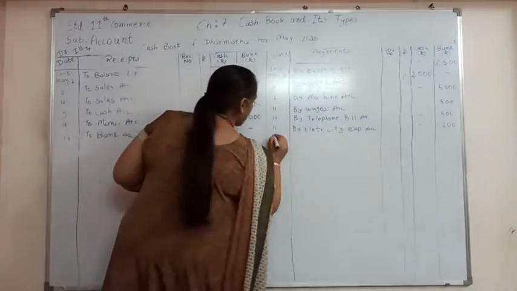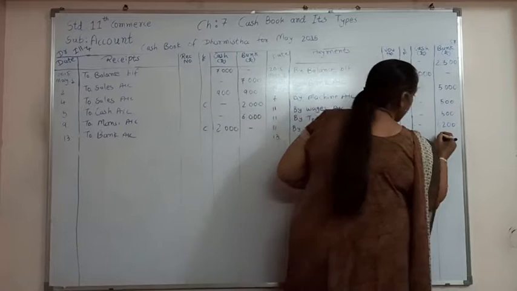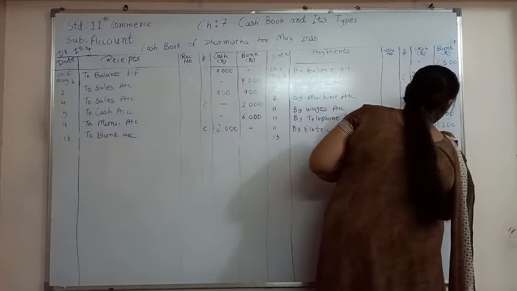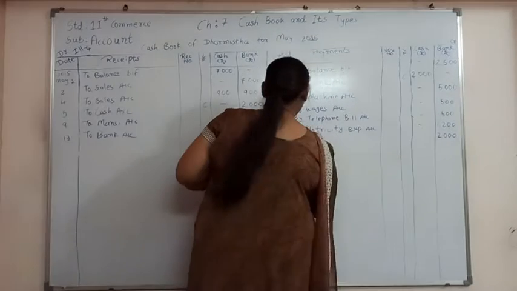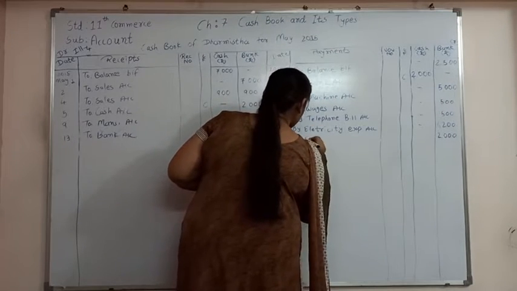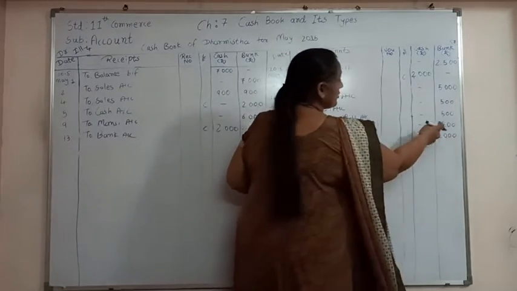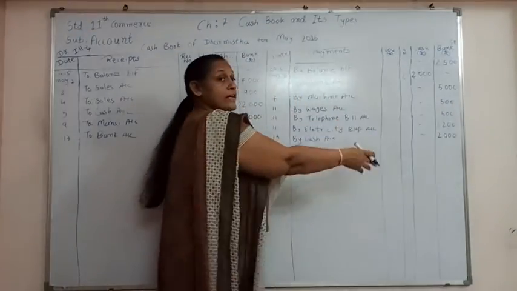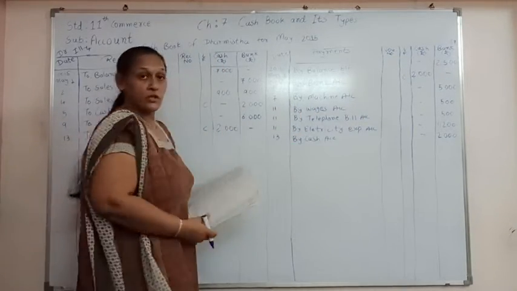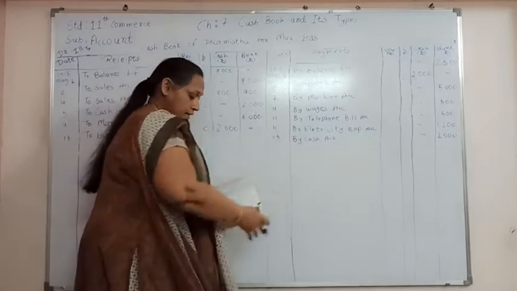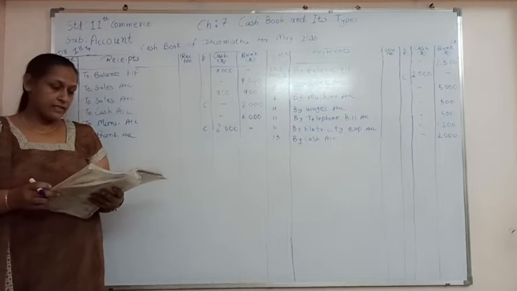Here again on date number 13 we are going to credit the bank account, where we are going to write down 2000, and again here we will write by cash account. So this is our contra transaction.